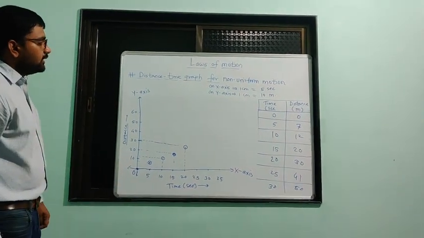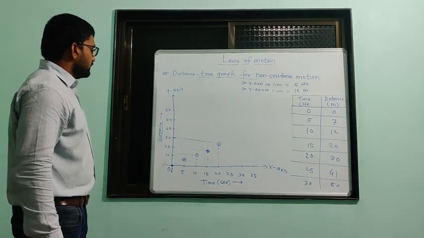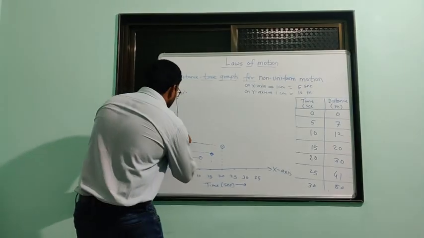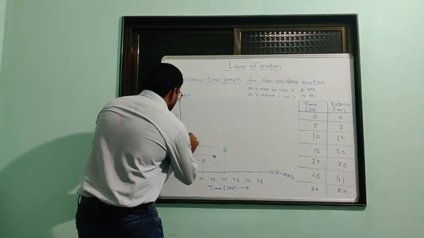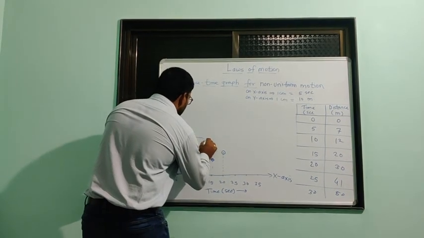Then 25, 41. This is the 25, this is the 40, somewhere here, suppose 41.